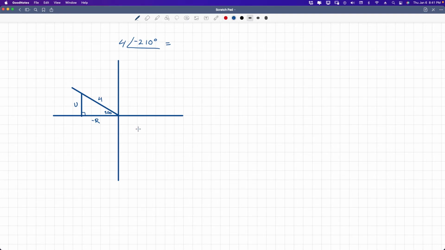Okay, so if we take the sine of U here, or actually the sine of 30, to find the U, we get u over 4. When we multiply that, we get the sine of, I'm going to go underneath. The book has it to the right, but I'm going to go underneath. So the sine of 30 times 4 is going to equal u.